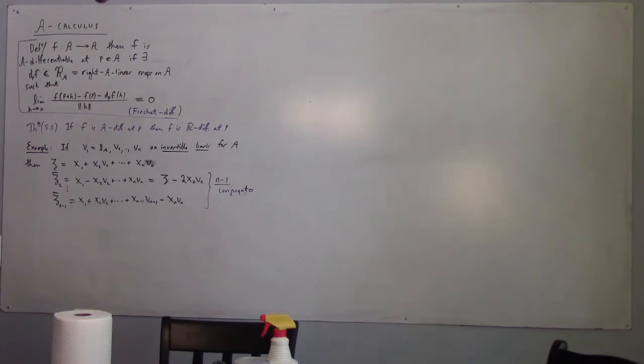So remember I showed you how to define partial z and partial z bar formally? I found formulas for x and y in terms of z and z bar.